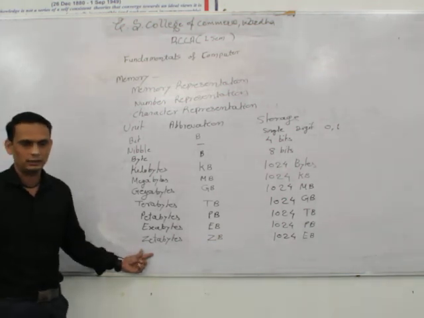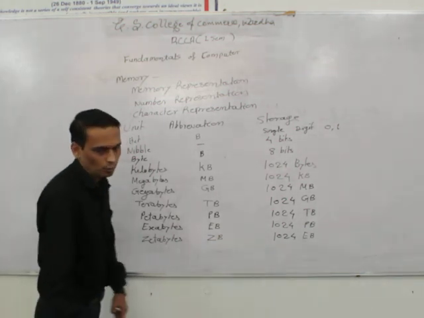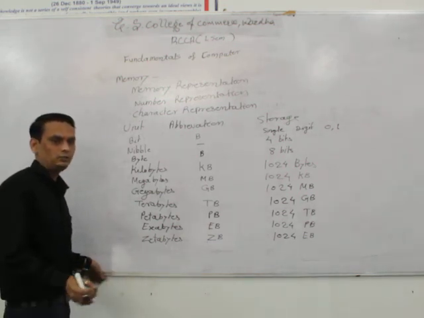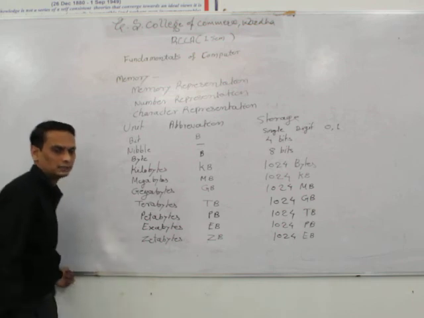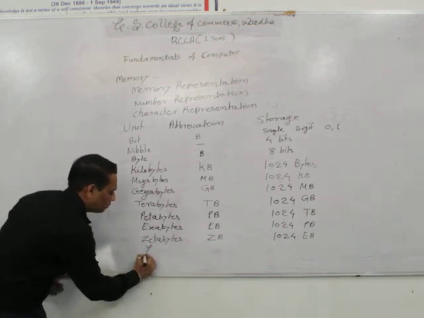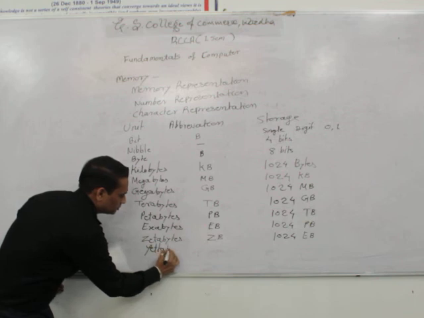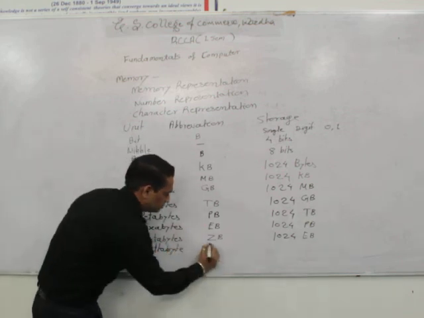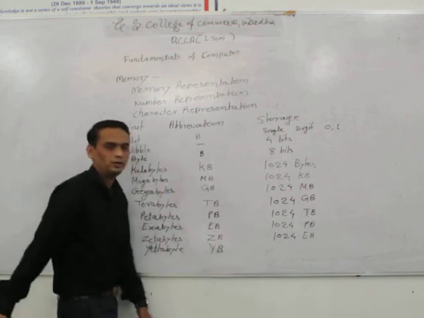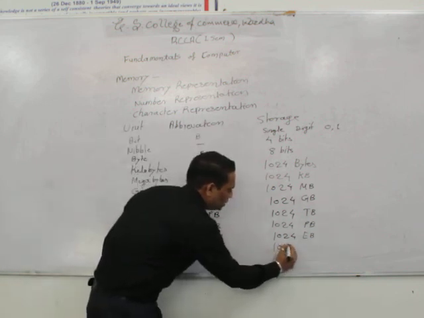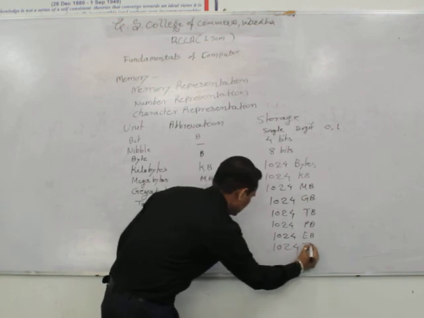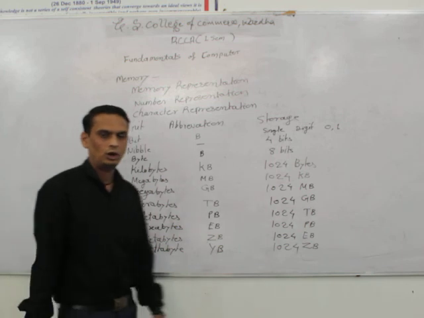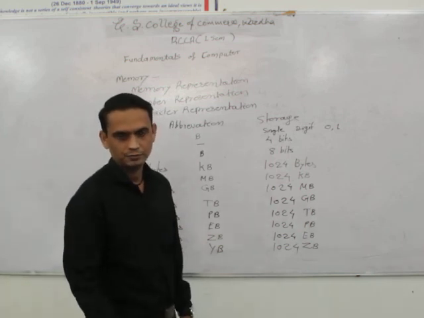And the last one, which has the most expensive storage capacity, is called the yottabyte, called YB. 1024 ZB equals 1 YB.